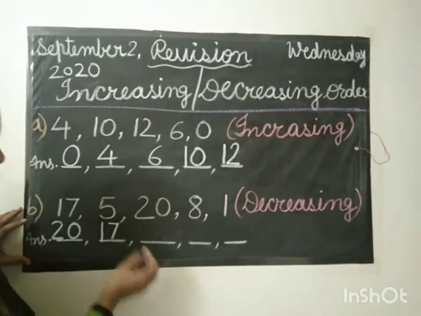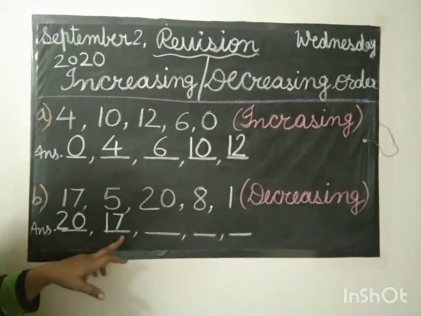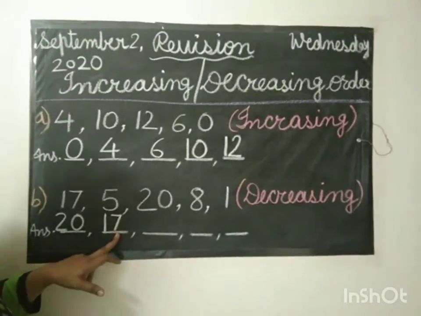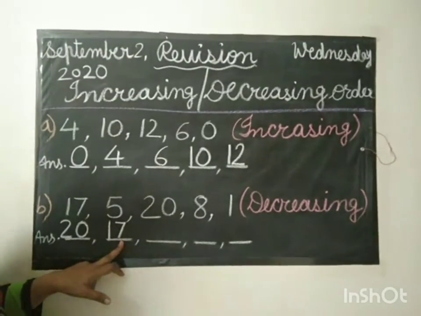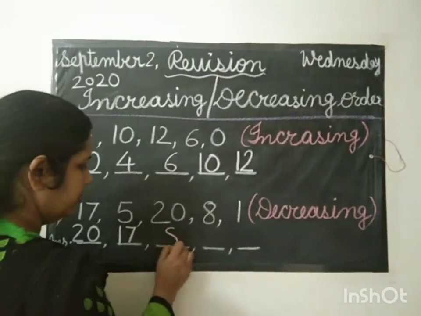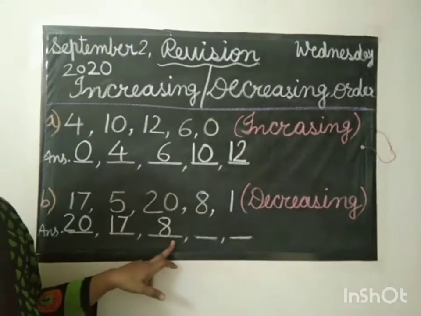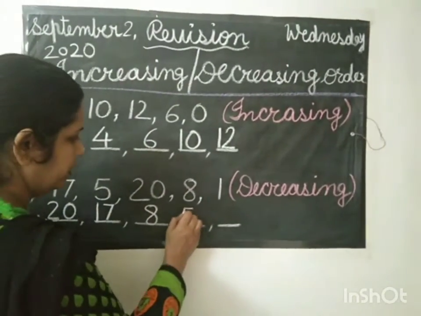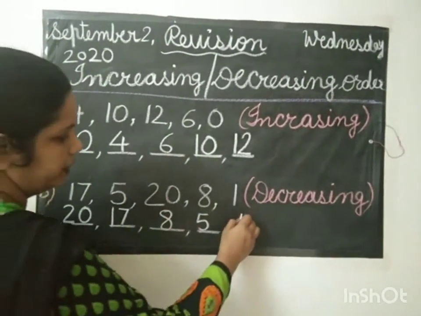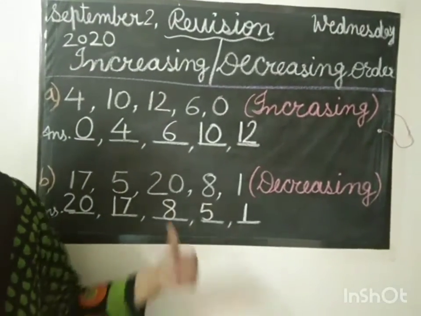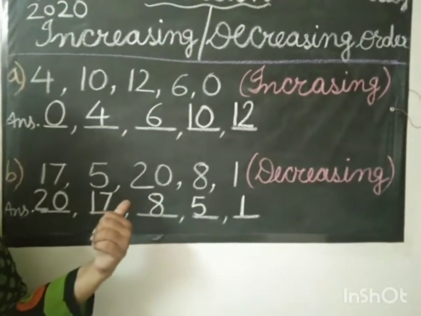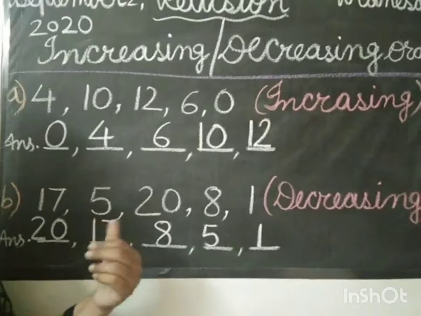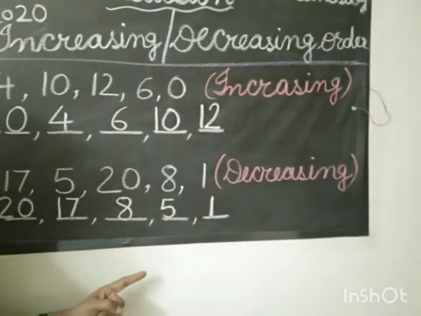So we will write it on the next step. Then which is smaller than 17? 8. Then 5. And then 1. Okay. I hope you understand with these examples how to arrange the numbers in increasing and decreasing order.